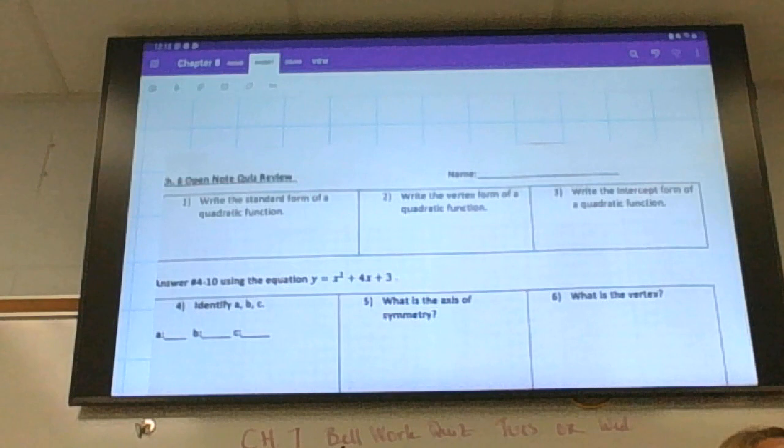If I felt really lost, I would go to the back and do 14. It's almost identical to bell work, but there isn't a negative sign in the front. And then I would also maybe try labeling at the bottom. The answers to 1, 2, and 3 are on the board here.